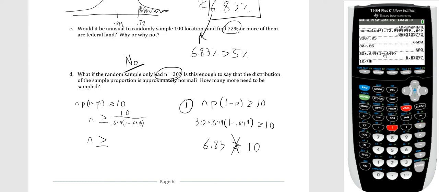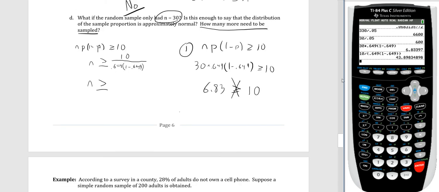I want to make sure that entire thing is down there. So 0.649 times 1 minus 0.649. If I don't have that extra parentheses, it would actually just divide by 0.649. But if I do that appropriately and hit enter, I should get 43.89. So that's how big the sample size needs to be. Realistically, n needs to be greater than or equal to 44.